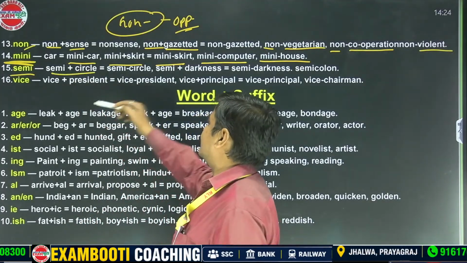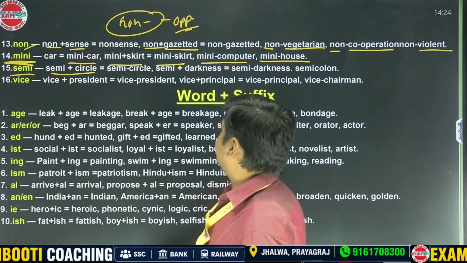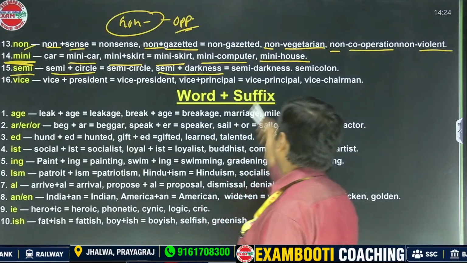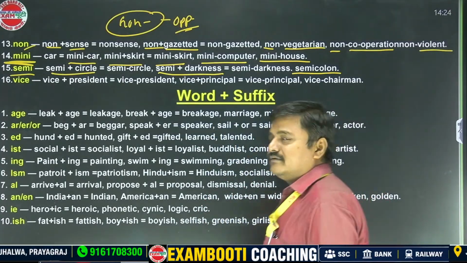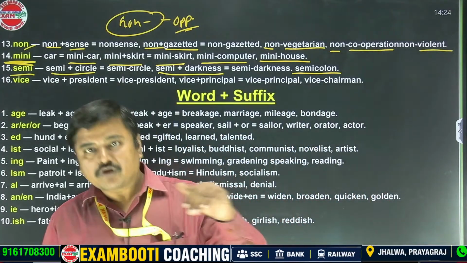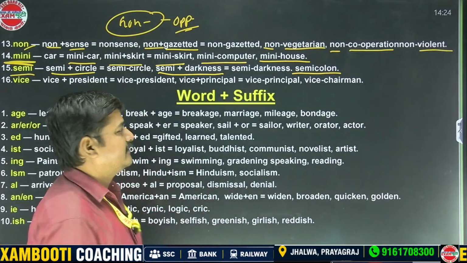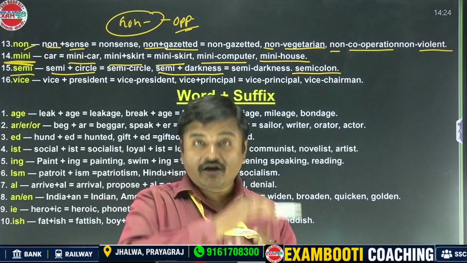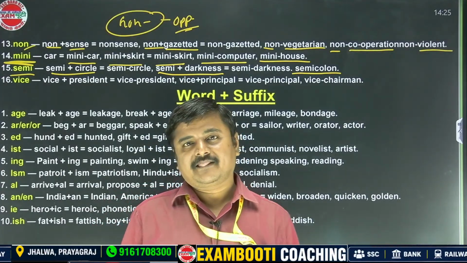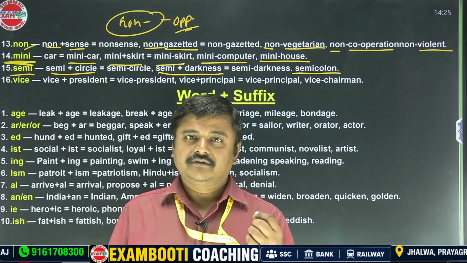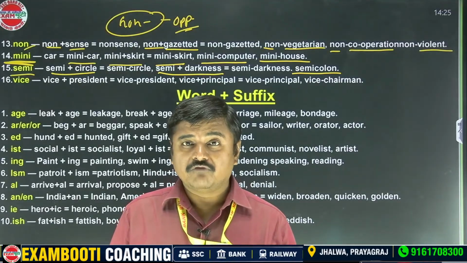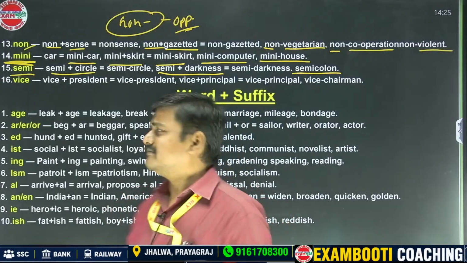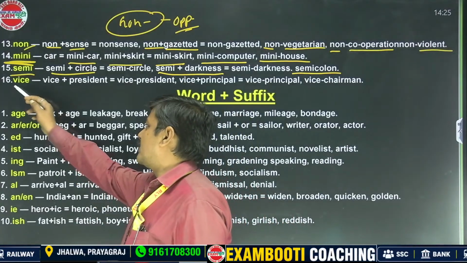Like semicircle, it means half circle. Semi-darkness, half darkness. Semicolon, it means half of the colon. Semi-sphere, it means half sphere. So semi means half. Very easily you can understand.